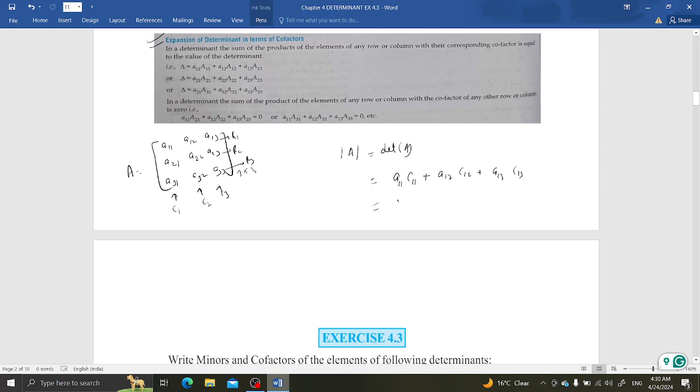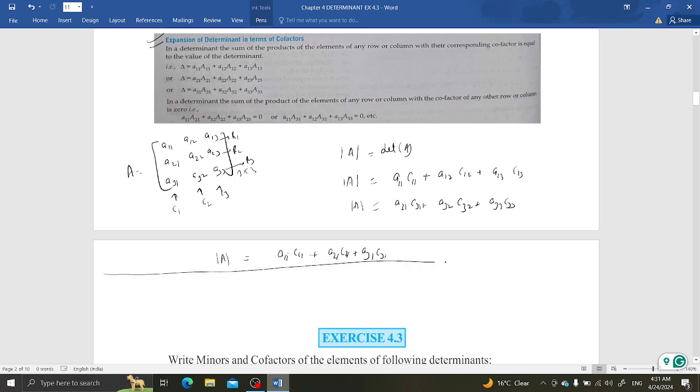Same if we expand along the third row: A31 C31, A32 C32, and A33 C33. Along the first column, it will be A11 C11, A21 C21, and A31 C31. Each of these represents the determinant. Similarly you can find it along C2 and C3 also.